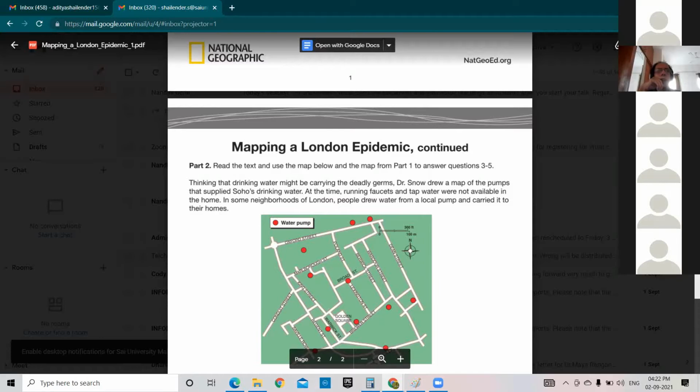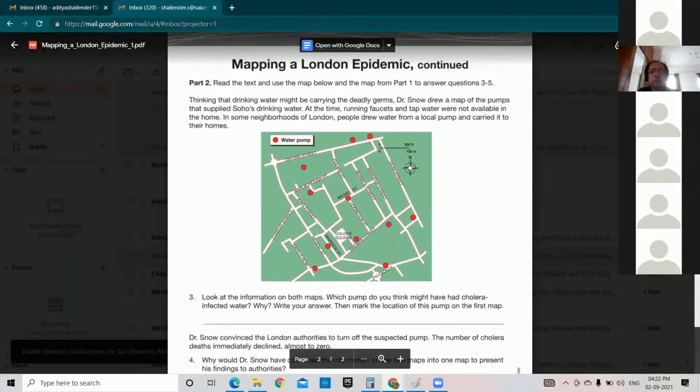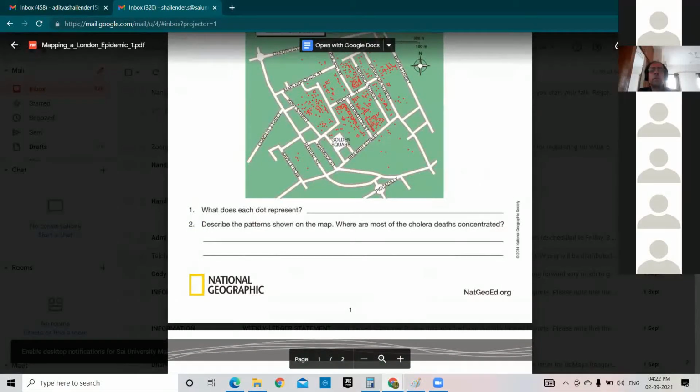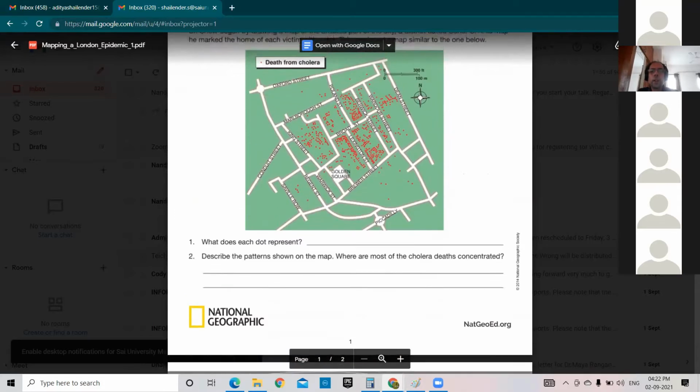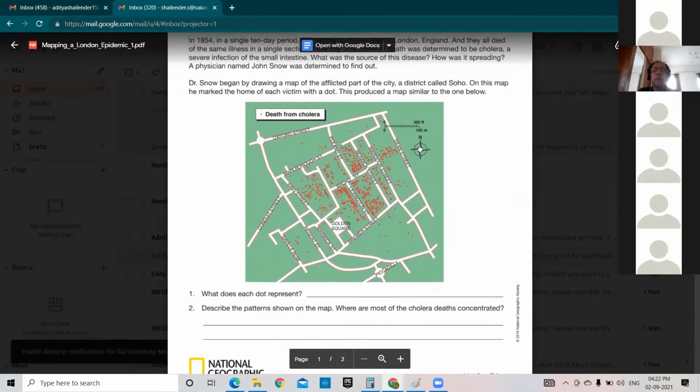Yes, sir. So if everyone can please open up this one PDF file that's called Mapping a London Epidemic. Did you open it? Yes.